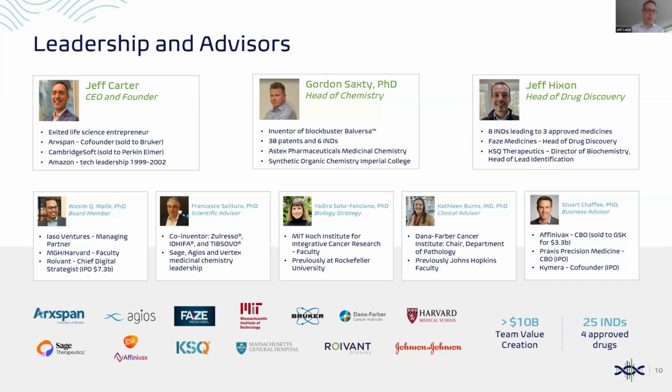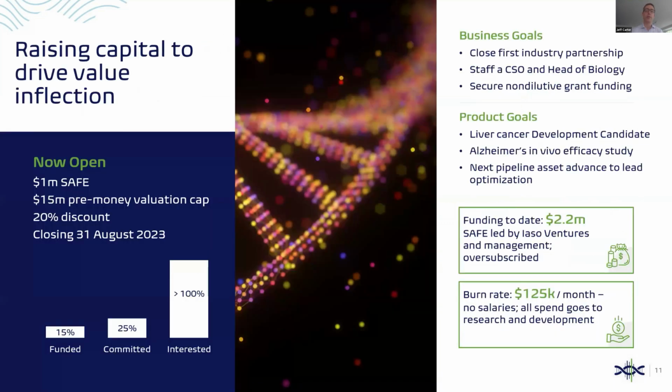Jeff Hickson is a dyed-in-the-wool biotech operations guy and a biochemist who makes sure that we get the best deal for every dollar that we possibly can on the operations side. And then Wasim Malik led our last 2 rounds and will be leading this round as well as part of Yasso Ventures. And we've got the best of the best in terms of advisors, including Kathy Burns, who's the chair of pathology at the Dana-Farber Cancer Institute.